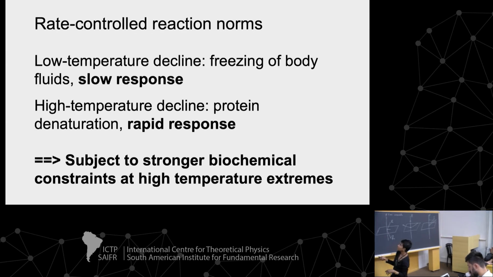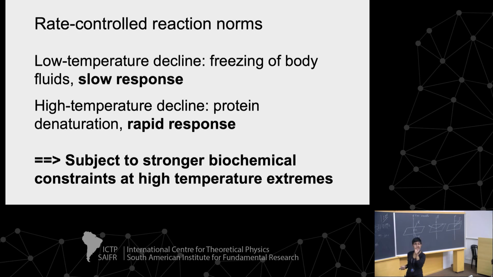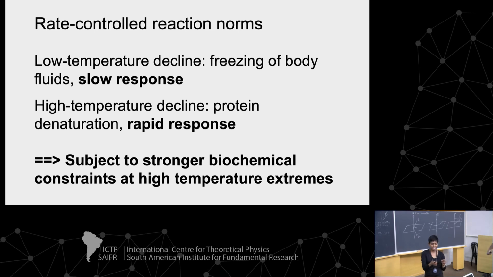So indeed, if you actually look at the physiology underlying these things, low temperature declines typically occur due to things like freezing of body fluids, which is a slower response than high temperature decline, which occurs due to protein denaturation. First of all, that's irreversible, and also it happens very quickly.